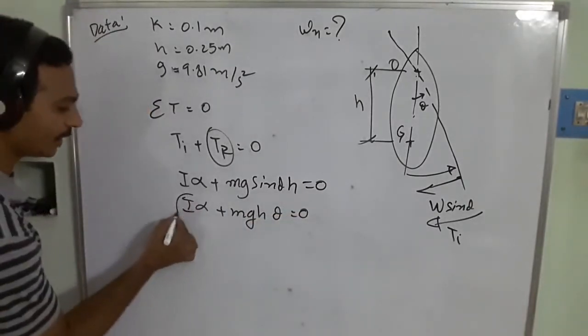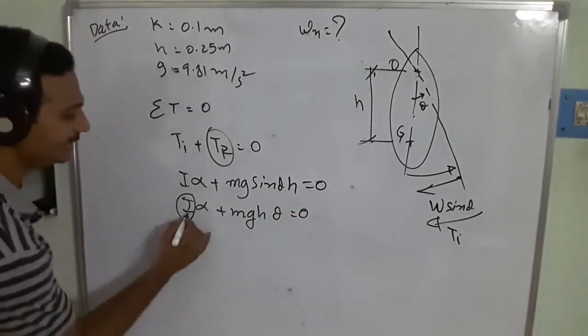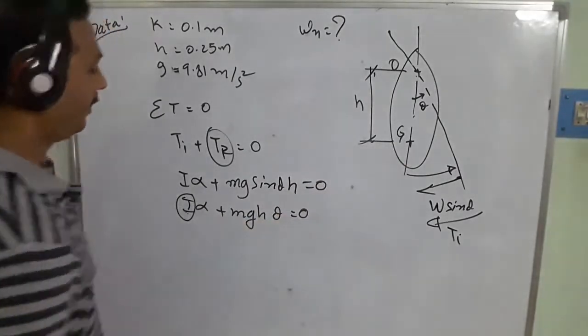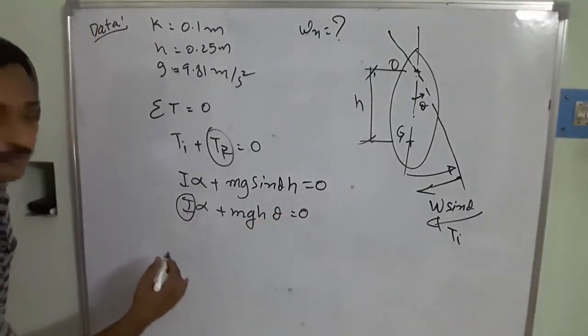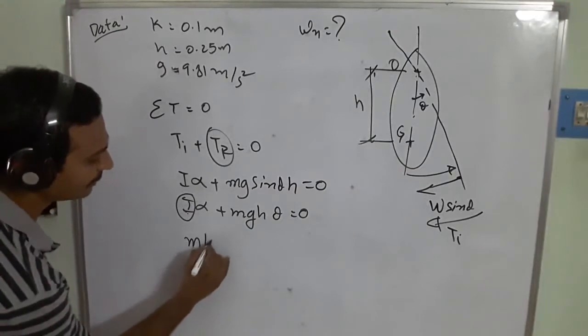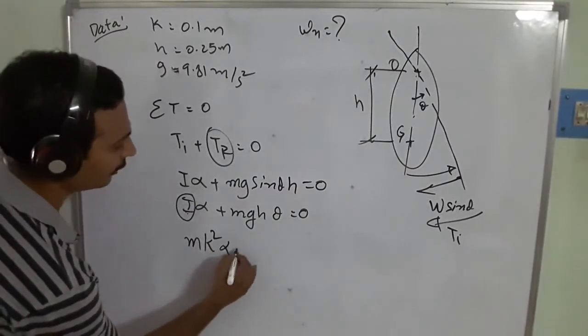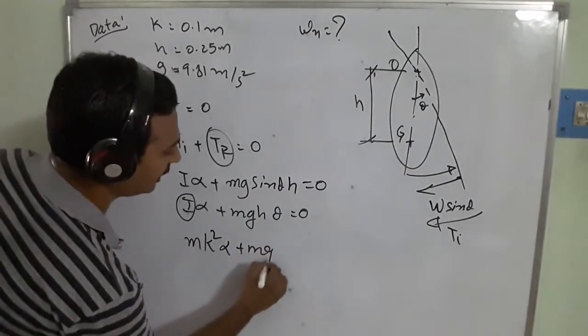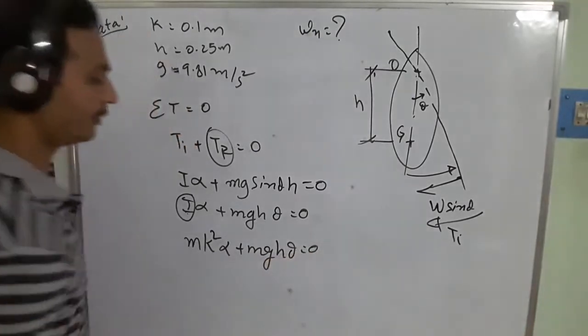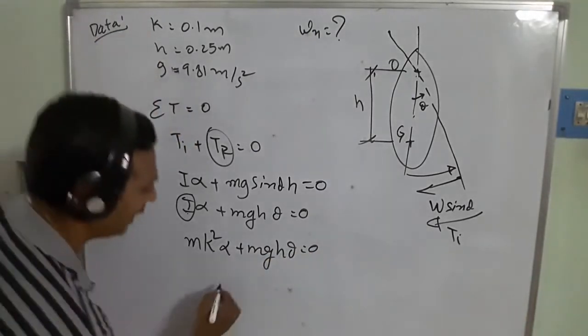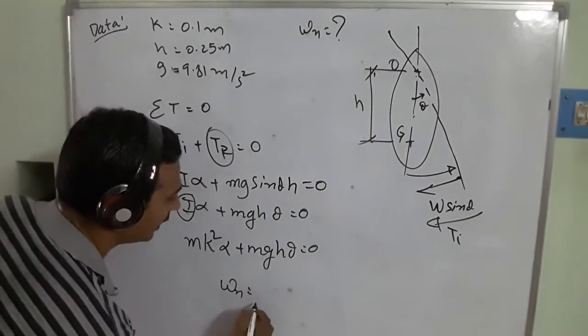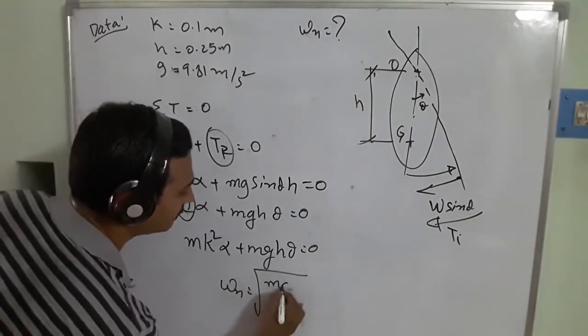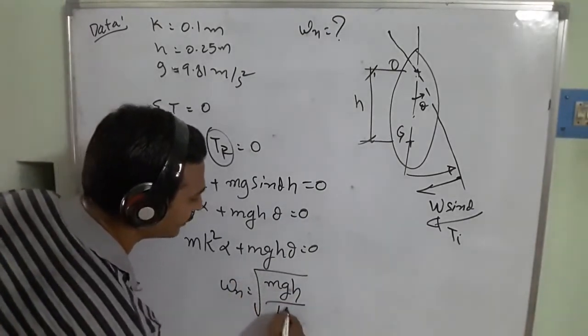So in this case, I is the mass moment of inertia, which I am going to take as m k square, so m k square alpha plus mgh theta is equal to 0. From this equation, omega n is equal to, what is the formula in this case? Root of mgh by m k square.